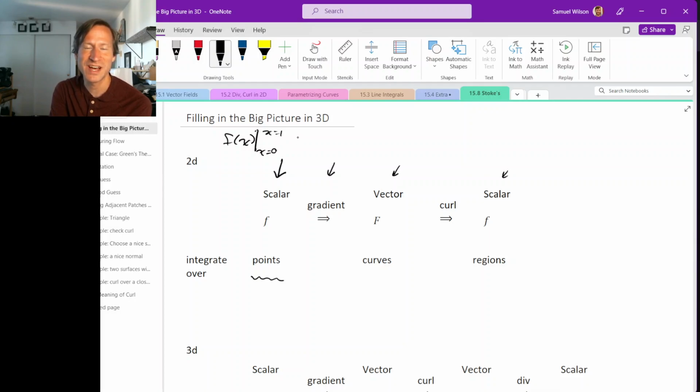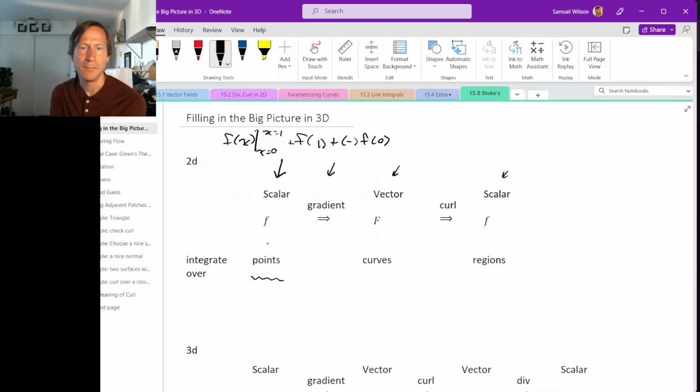The first x value has a positive orientation, which is why there's a plus in front of it. And the second value has a negative orientation, which is why it has a minus sign. So when we plug in endpoints, this is really a zero-dimensional version of integration. The zero-dimensional version of integration is just evaluating a function at a point.